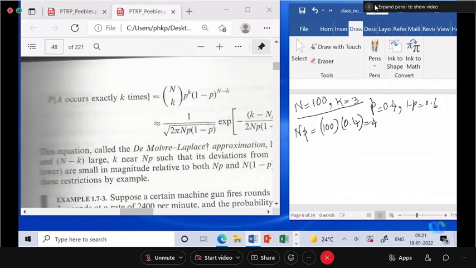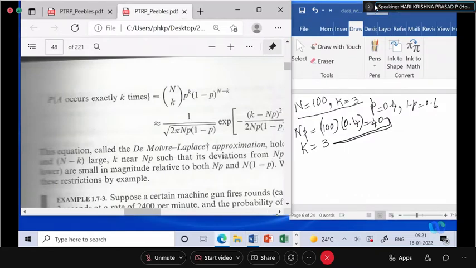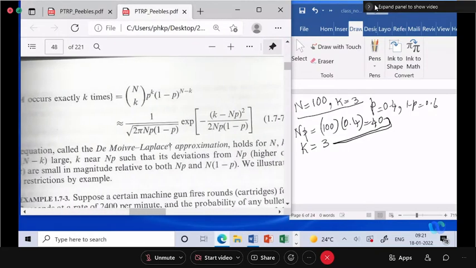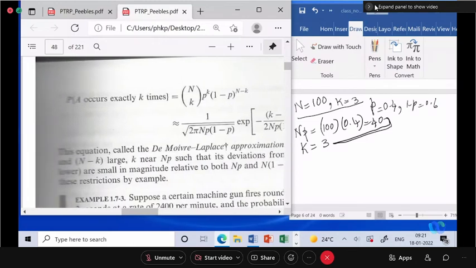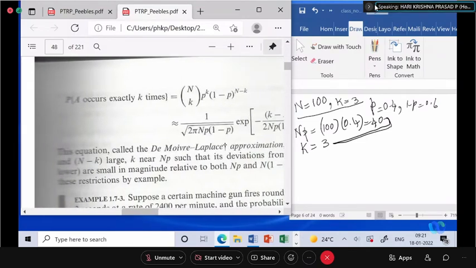Okay. That is np. What is k? 3. Now compare these two. When I compare k and np, what the statement in the textbook says: k near np such that its deviation from np, higher or lower side, are small in magnitude.